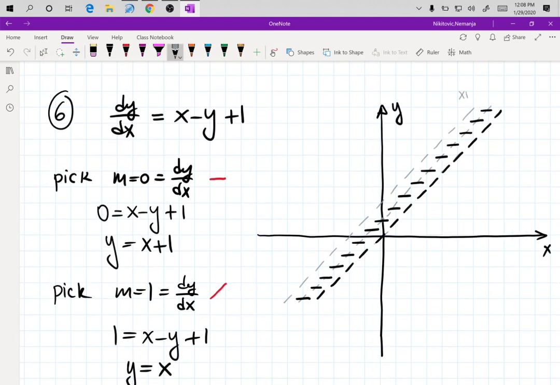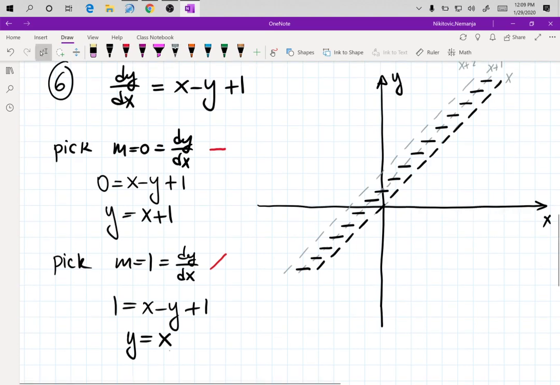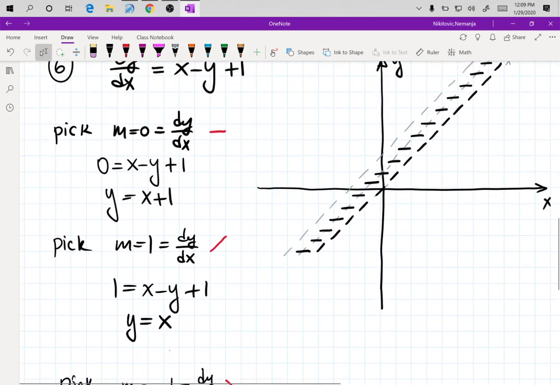So this was x plus 2, this was x plus 1, this is just x. And now I have reversed slopes.